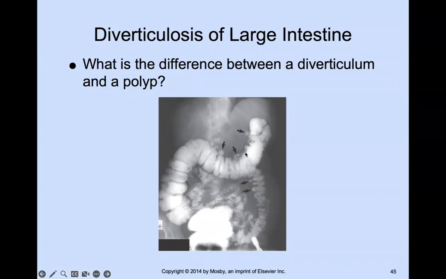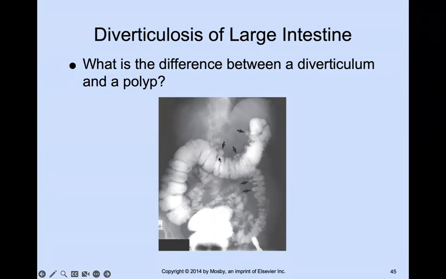Polyps go inward. In order to view a polyp, you have to do a double contrast study. Double contrast means positive contrast media and negative, which would be air. In order to see the mucosal lining and to identify polyps, there needs to be air and contrast media.